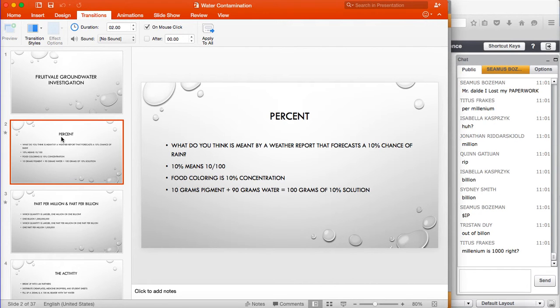Now, how would I make 10% of a solution? Like if I wanted to have 10% concentrated orange juice, what would I do? Well, I would take 1 cup of pure orange juice, straight from the orange, squeezed out into a cup.